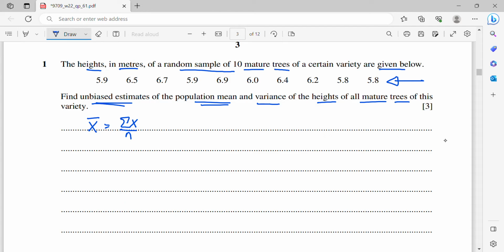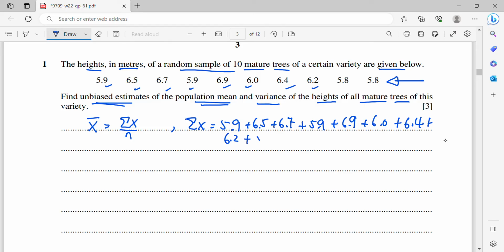Summation x is basically the sum of all the x here. So I will write summation x equals 5.9 plus 6.5 plus 6.7 plus 5.9 plus 6.9, plus 6.0 plus 6.4 plus 6.2 plus 5.8 and lastly 5.8.